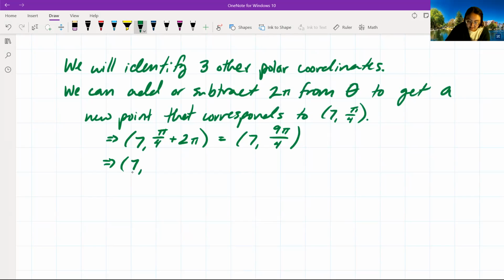So now we're going to take pi over 4 minus 2 pi, which is pi over 4 minus 8 pi over 4. So we get 7, negative 7 pi over 4. So these are 2 points.